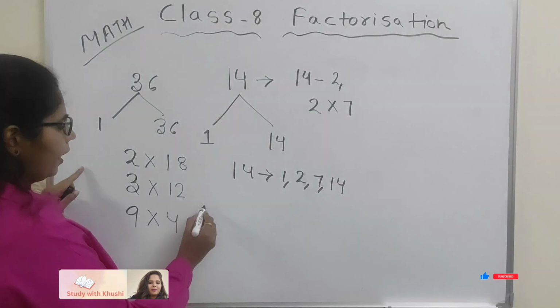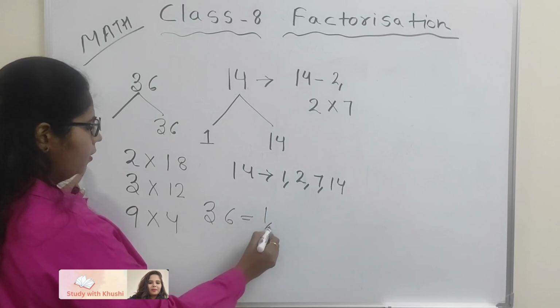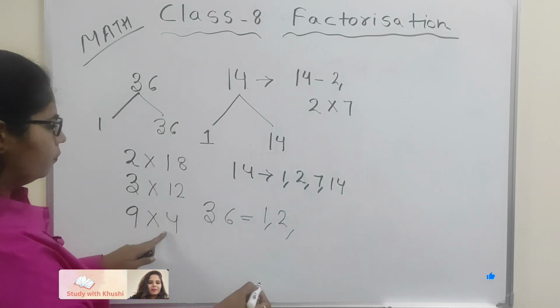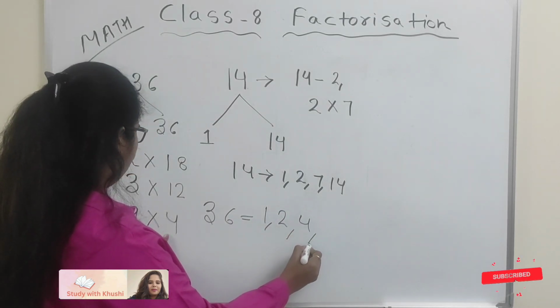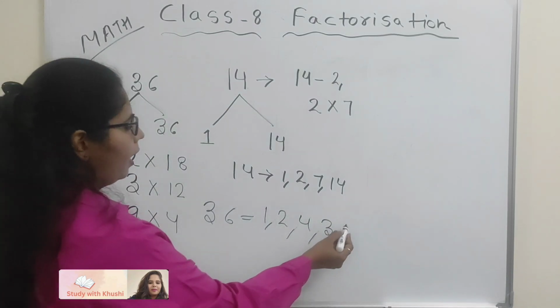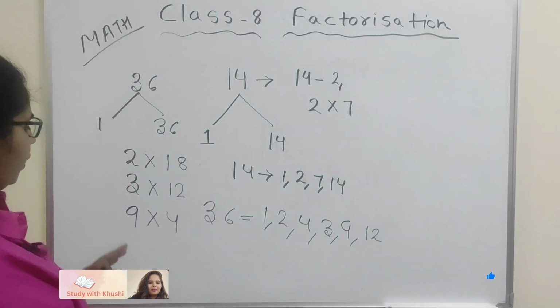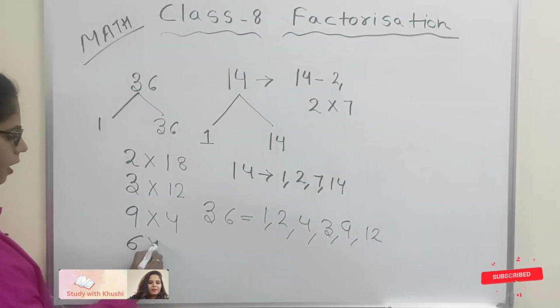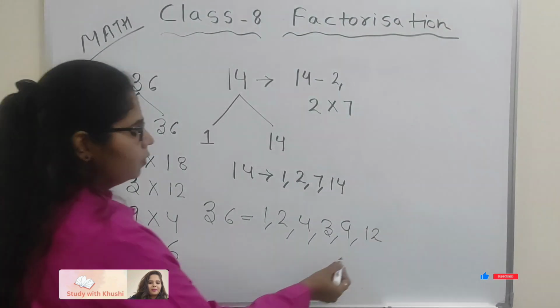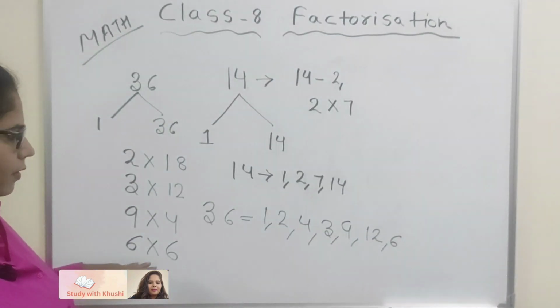Okay, so now the factors of 36 are 1, 2, 4, 3, 9, 12, and one more, 6, because 6 6s are 36. So I wrote all the numbers, we will check it again.